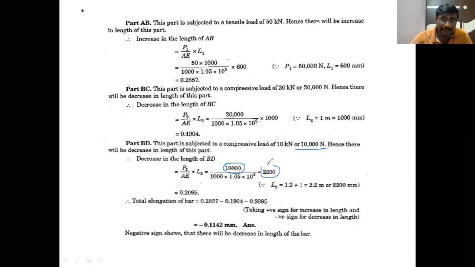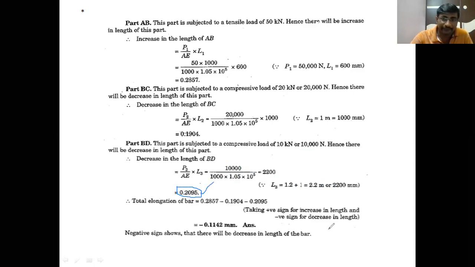Length of the third part from B to D is 2,200 mm, that is 1.2 meters plus 1 meter, totally 2.2 meters. The denominator is the same as in the previous two sections, 1000 into 1.05 into 10 to the power of 5. Then we get the answer 0.2095 mm. So it is also a decrease in length.